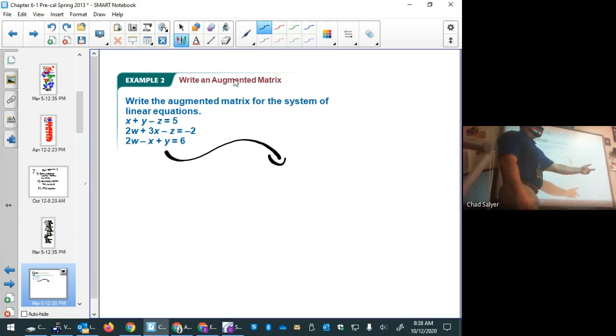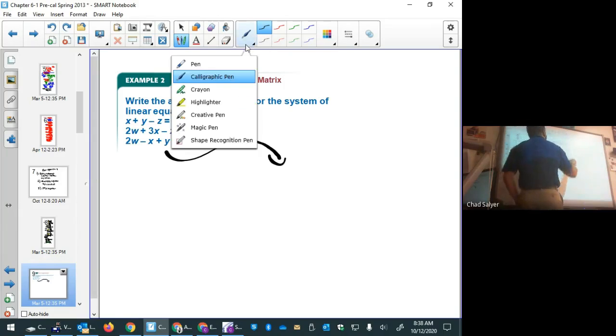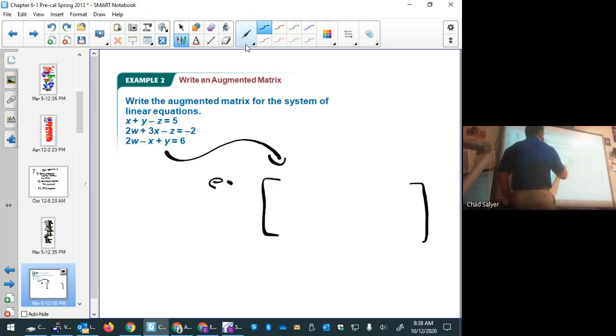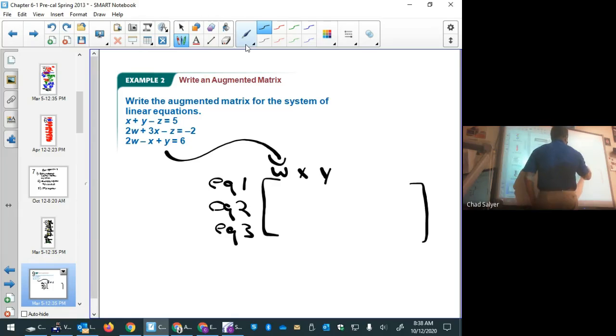Most people would have. So in this case, they throw that little curveball at you of having the W, X, Y, Z, and then the number that they're equal to.